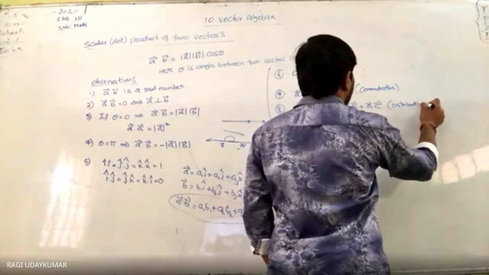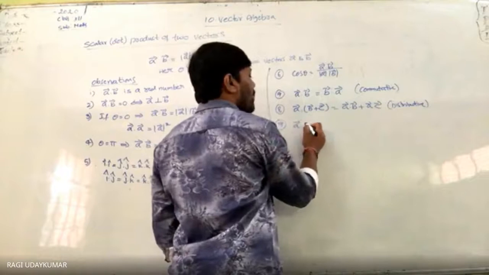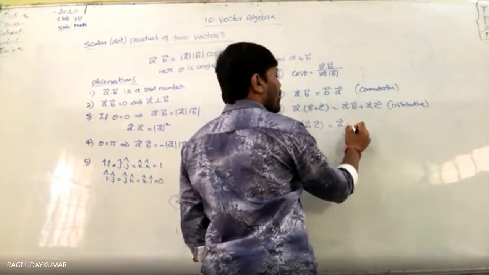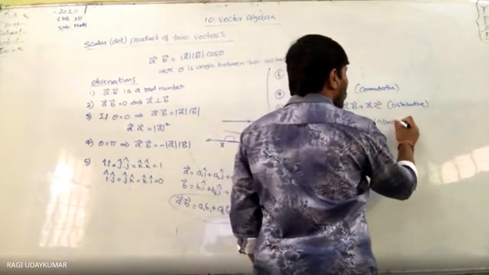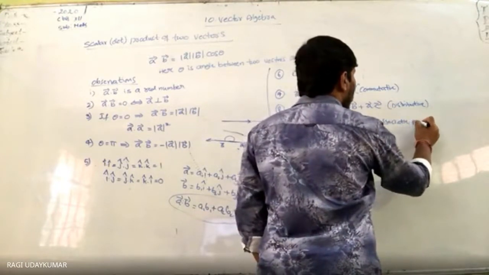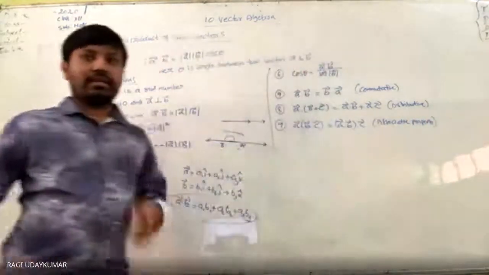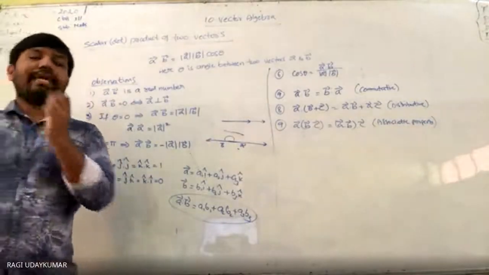It even satisfies the associative property also. Associative property means A bar dot B bar dot C bar is equal to A bar dot B bar dot C bar. So this is called the associative property. Actually, these are not very important properties. The next property is multiplying by a scalar.